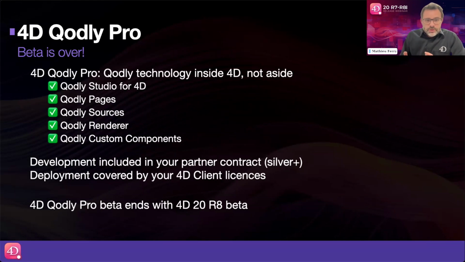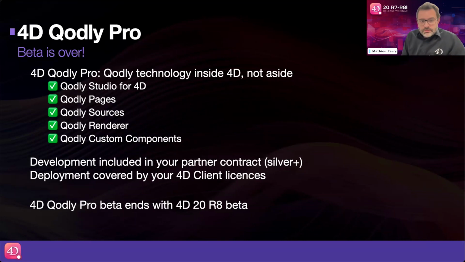You get Qodly sources, enabling you to bring entity selections or entity data and logic to your page without writing front-end code. You get Qodly renderer, which is giving life to all of this on the end user's web browser, handling REST queries and interactions.